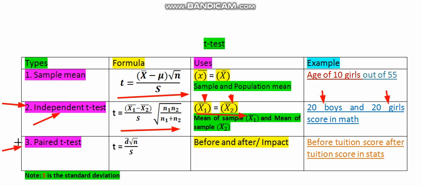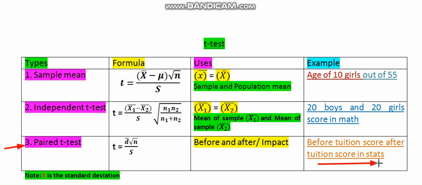And lastly, we have the paired t-test. So what do we do in the paired t-test? The paired t-test is also called the before and after test, or simply a test of impact. For example, the marks obtained by the students before taking coaching and after coaching, or you want to check the impact of a particular coaching or teaching, anything like before and after.